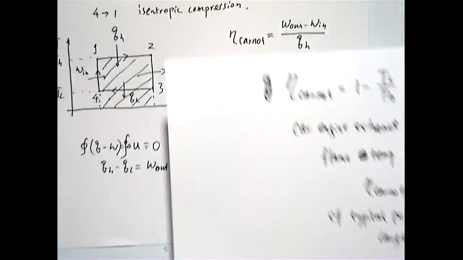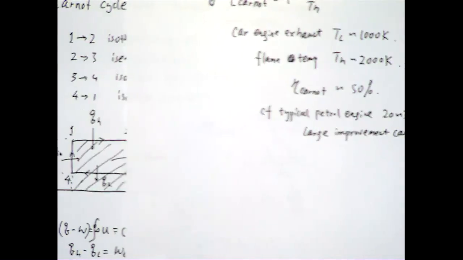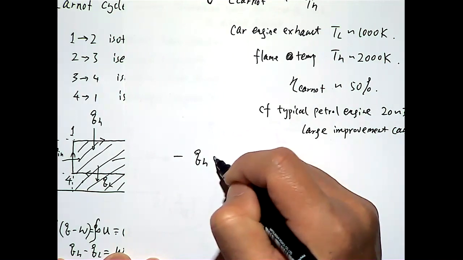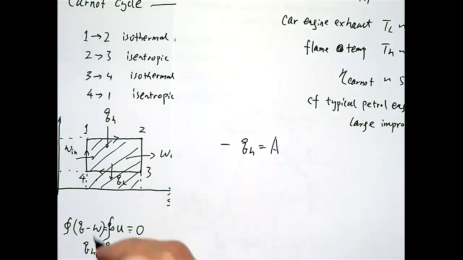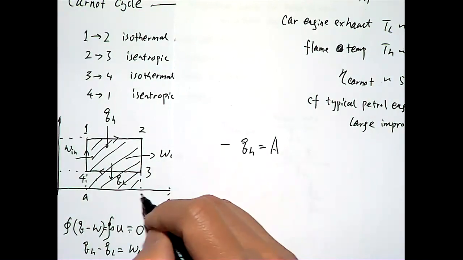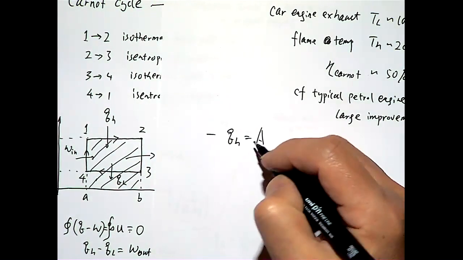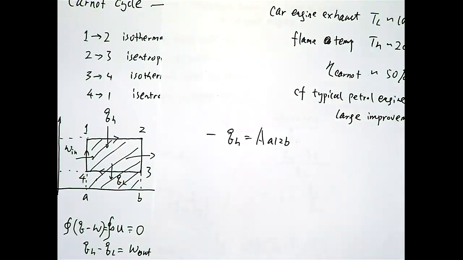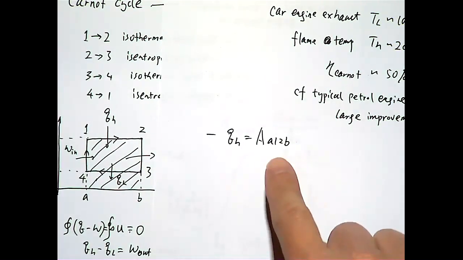So I can write QH equals the area. If I call this point A and this B, the area A, 1, 2, and B corresponds to the QH.